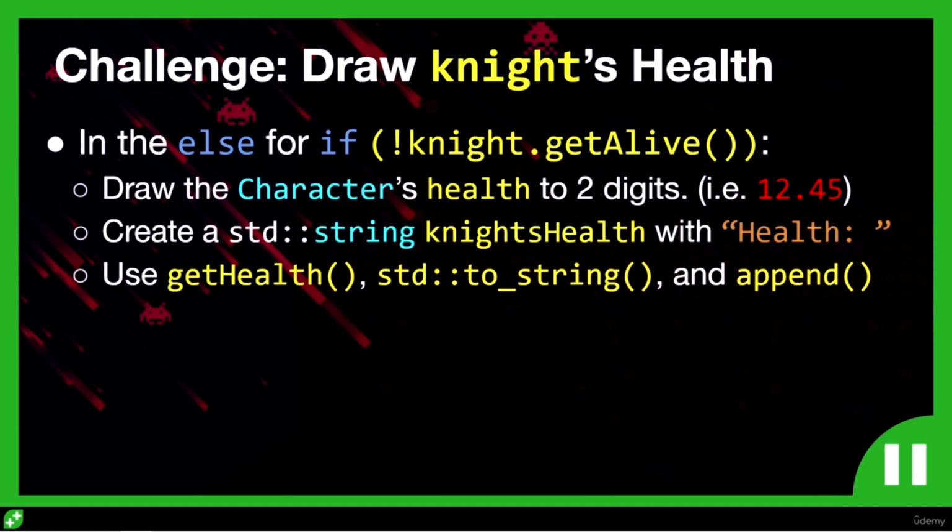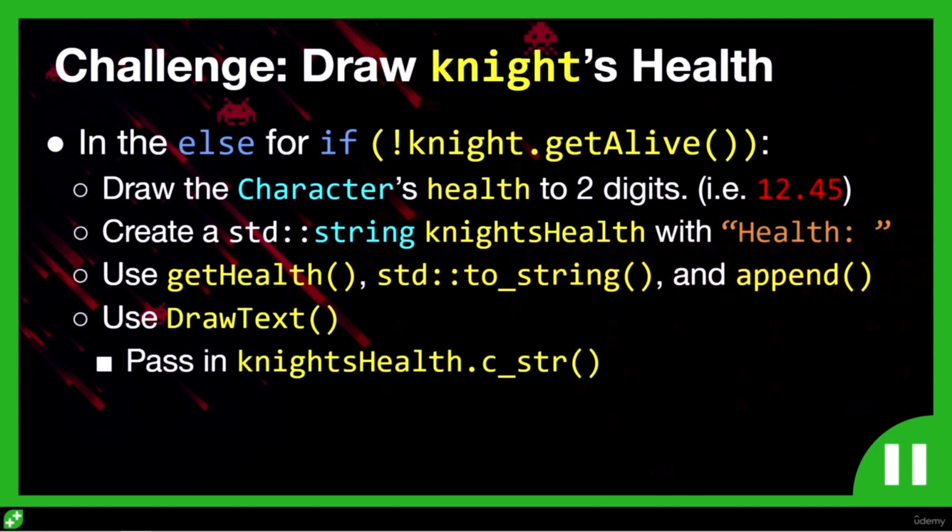Now you're going to use getHealth along with the standard toString function and the string's append function in order to append to the knightsHealth string the value of the character's health. You'll then use drawText and pass in the string you created, knightsHealth, only you'll need to call the c_str function since drawText requires a C-style string.